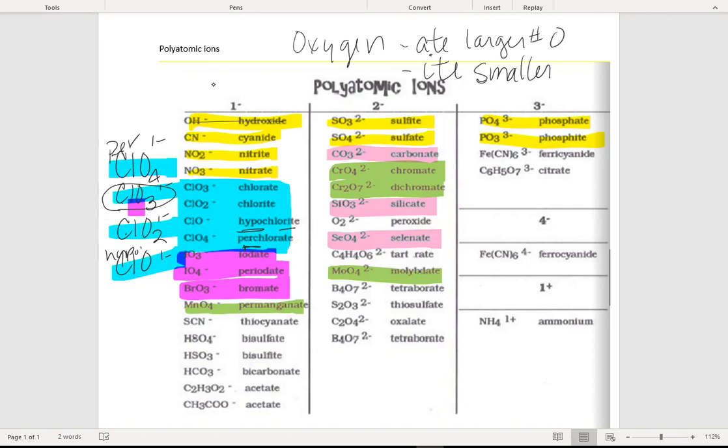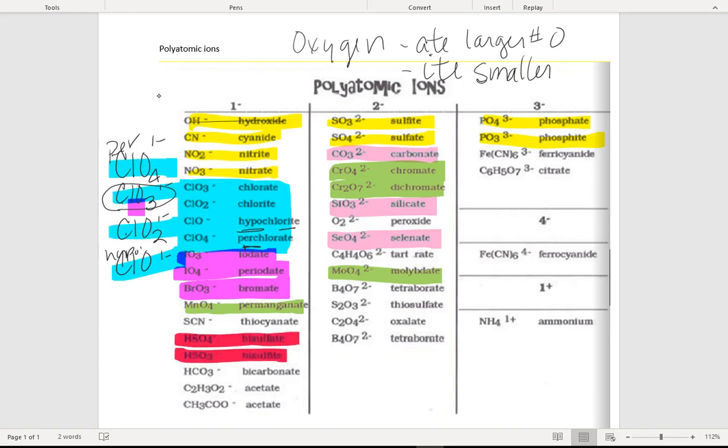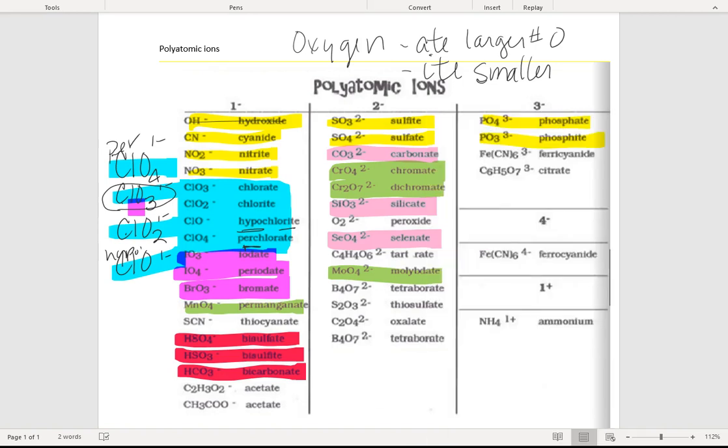Now we have a couple that have hydrogens in front of them. They're familiar to us. We have HSO4, HSO3, HCO3. All three of those, we can look up. SO4 is sulfate. When we put the hydrogen on, it becomes bisulfate. You will also see it named hydrogen sulfate.